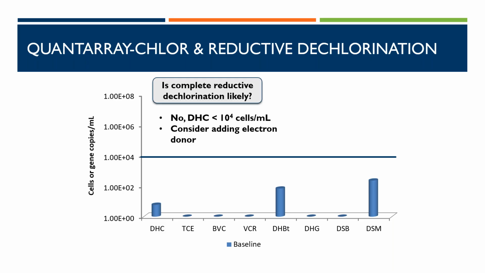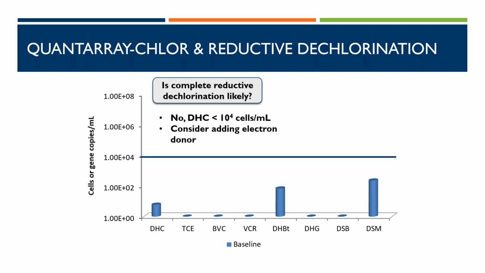In this example, we see that Dehalococcoides is detected, which is good, but it's at low concentrations. We know from analyzing more than 13,000 Dehalococcoides samples that if we have 10 to the 4 cells per milliliter of Dehalococcoides or greater, we have an 80% chance of seeing ethene formation at our sites. So this is our target mark to hit.